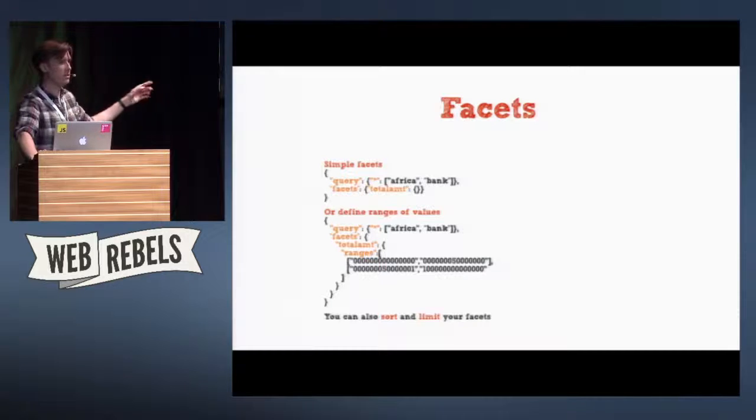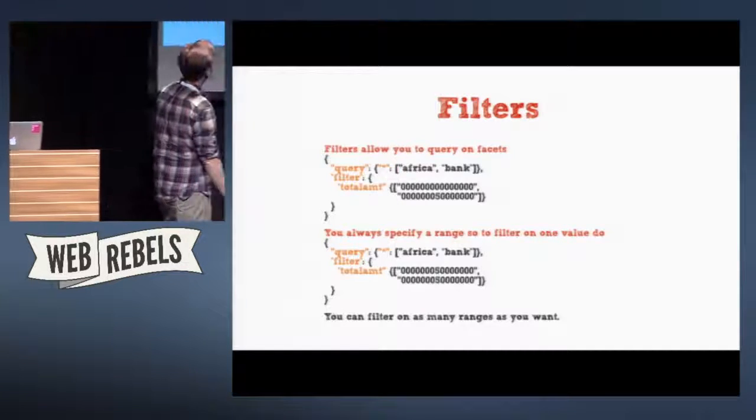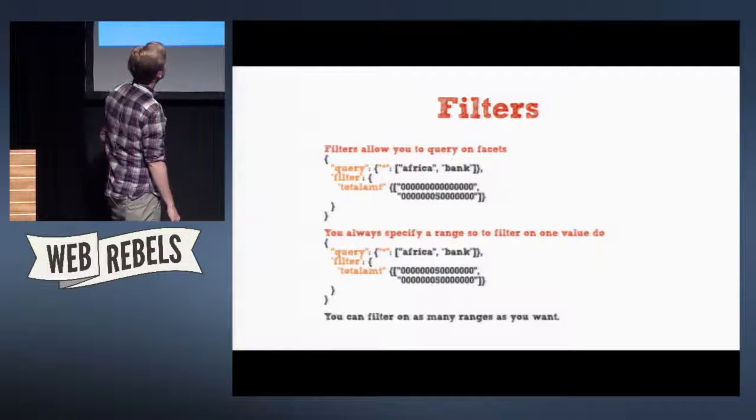And you can sort your facets, you can limit your facets. There's a couple of other magic things that you can do. And of course, when you click on a facet, then what you're doing is filtering. And this is how you would filter.